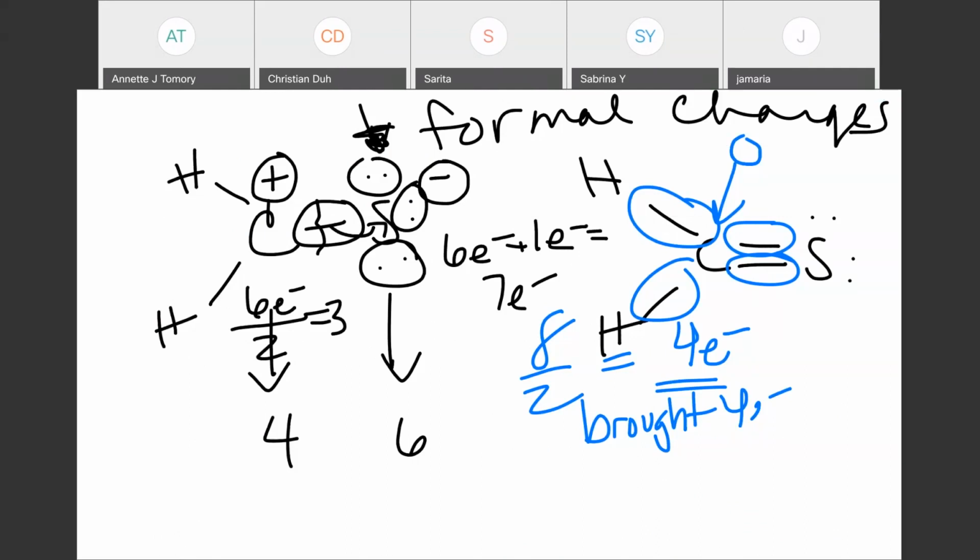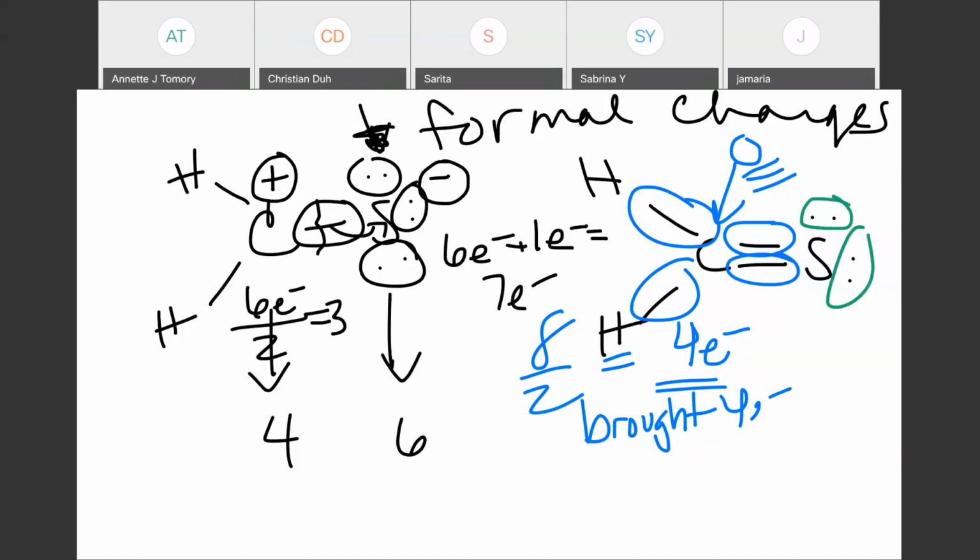Carbon brought in 4 electrons. It has 4 around it. So it canceled each other out for a charge of 0. This is what formal charges are all about. Now if I look at the sulfur, how many electrons from lone pairs does it have? Look at the green. 4.